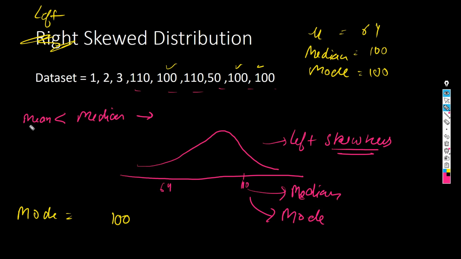This type of question can be asked in your interviews, so try to learn this. And for right skewed, if your mean is greater than your median, the graph will be right skewed.